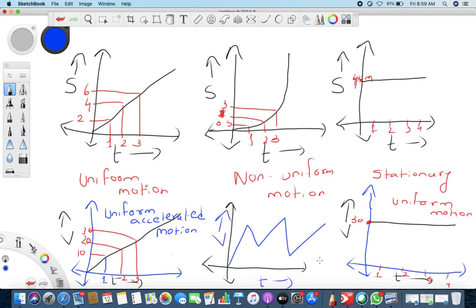So what does this represent? This is non-uniform motion. Why is it called non-uniform? Because if you see, the speed is increasing, decreasing, increasing, but it is not increasing or decreasing in equal amounts of time. So that's why we call it non-uniform motion.